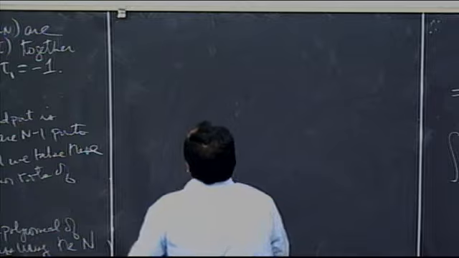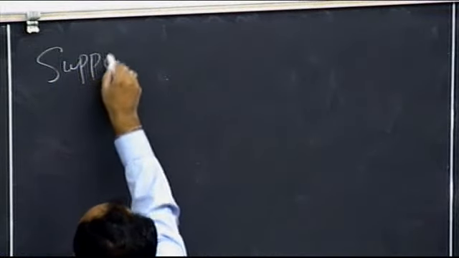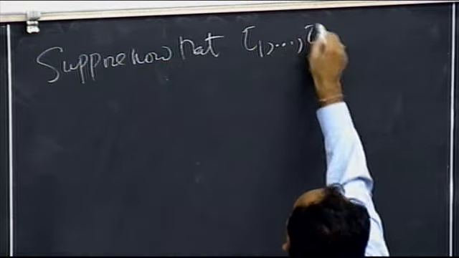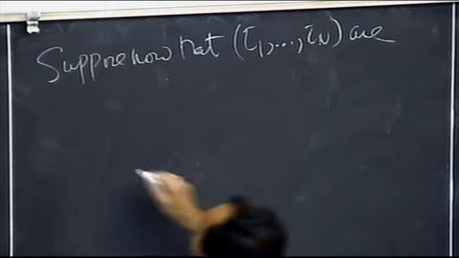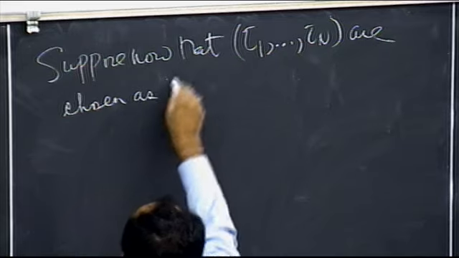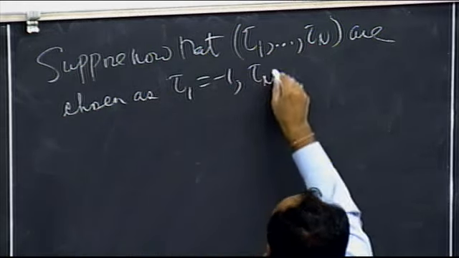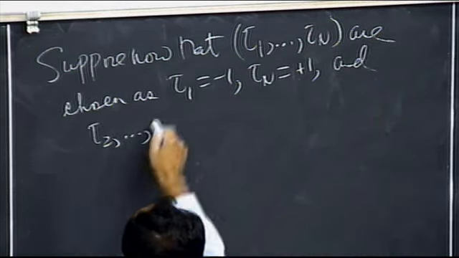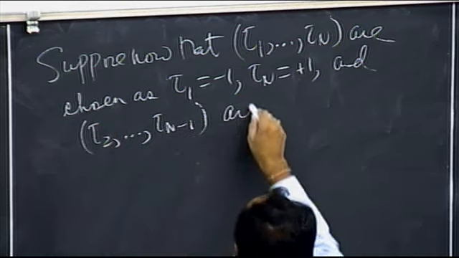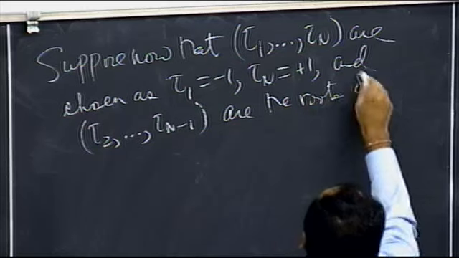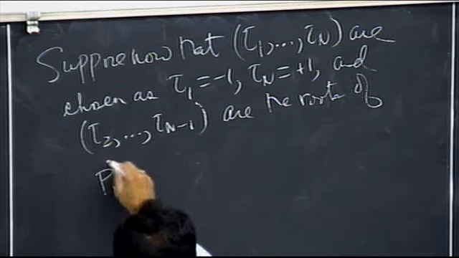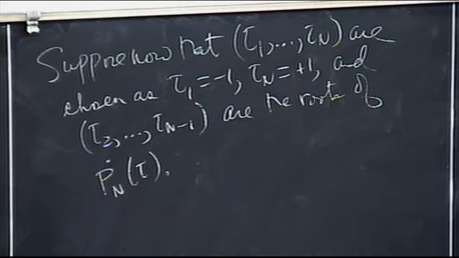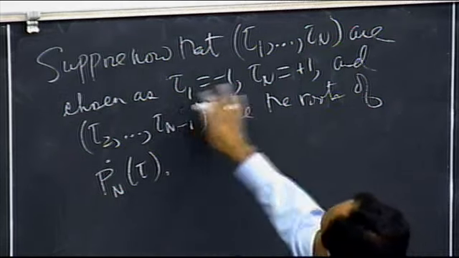the LGL points. Suppose now that tau 1 up to tau n are chosen as tau 1 equals -1, tau n equals +1, and tau 2 up to tau n minus 1 are the roots of p n dot of tau. So now I've got 2 points that are constrained.